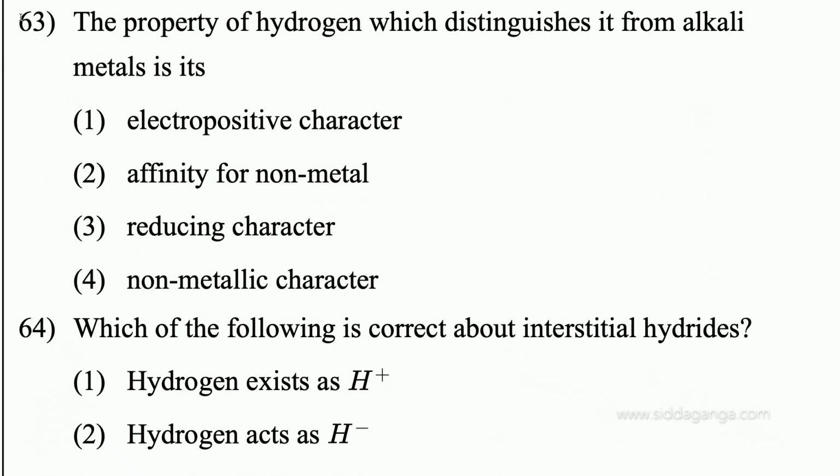We discussed this one also. If you compare the alkali metals with hydrogen, the first 3 properties are correct, but the last one is non-metallic character. You know that alkali metals are metallic in nature, hydrogen is non-metallic in nature. That is the 4th option which distinguishes it from the alkali metals.